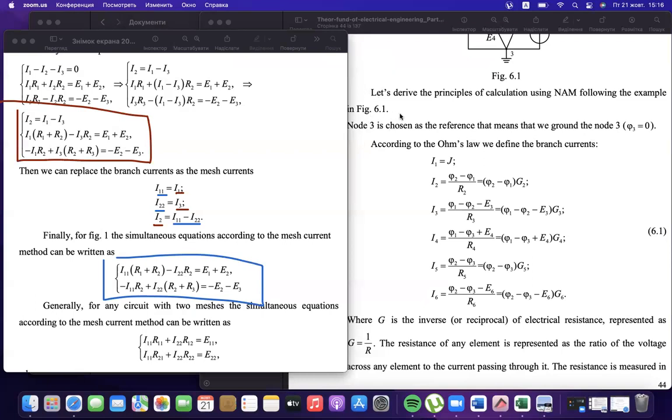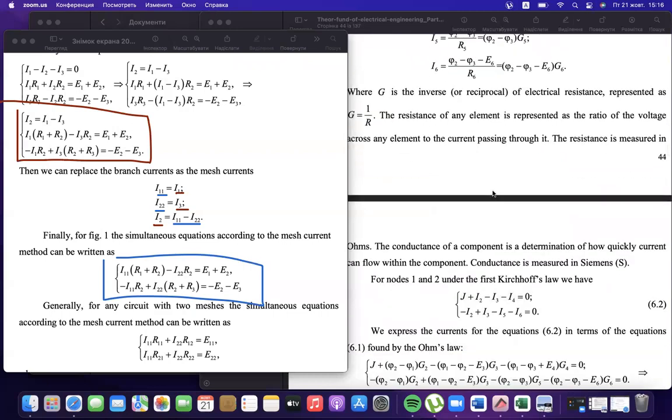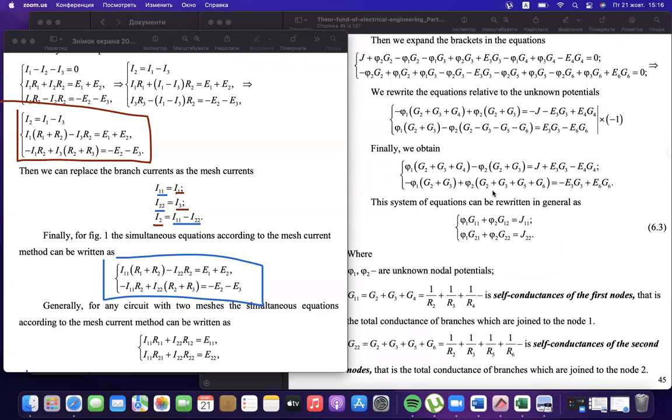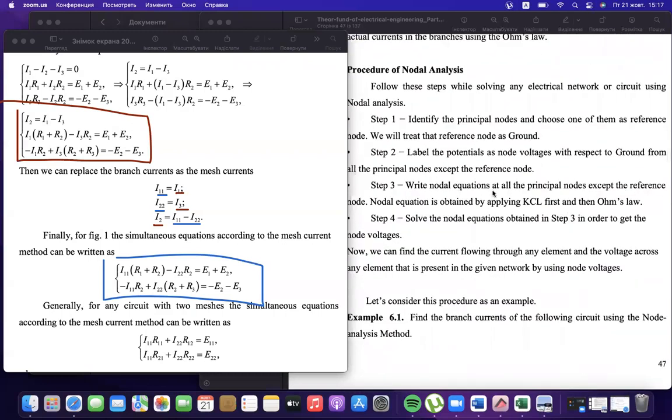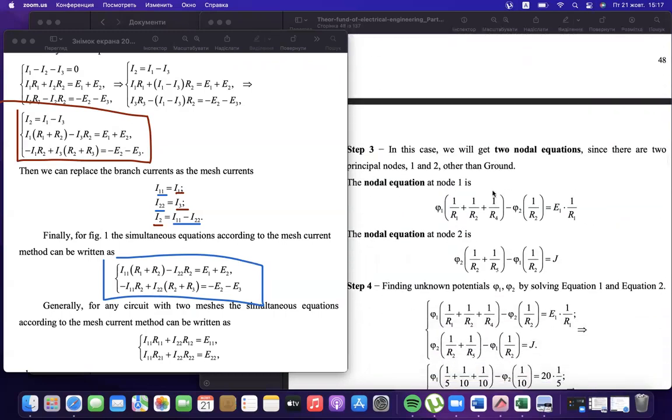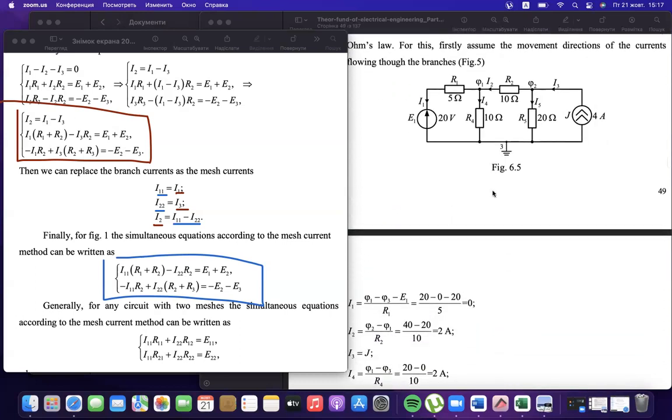In the potential method, we are doing almost the same: the real currents that we have, substituting in terms of potentials, in terms of voltages. And as the result, obtaining some system in voltages.